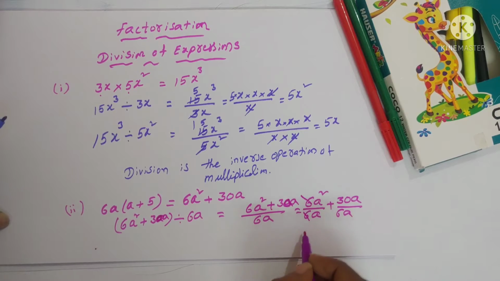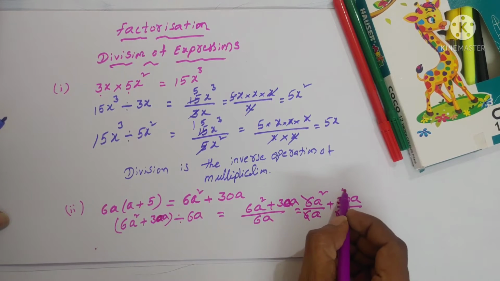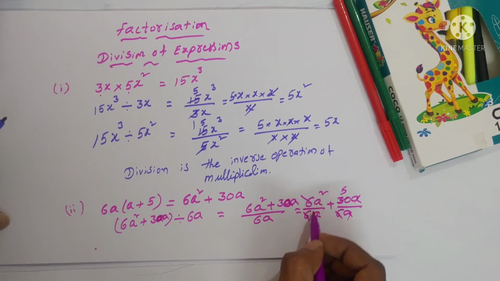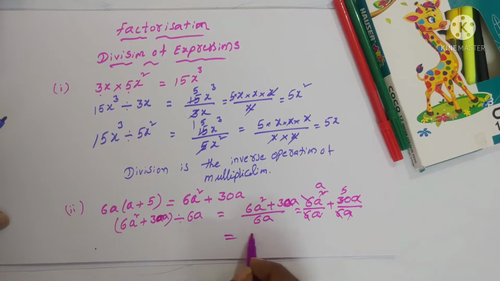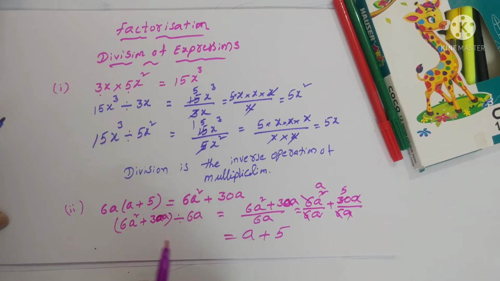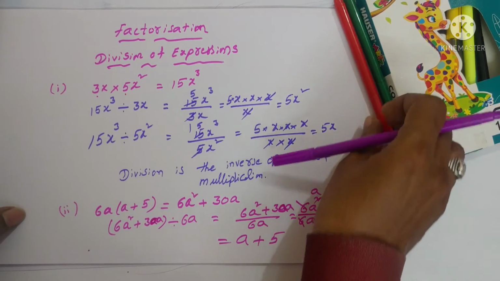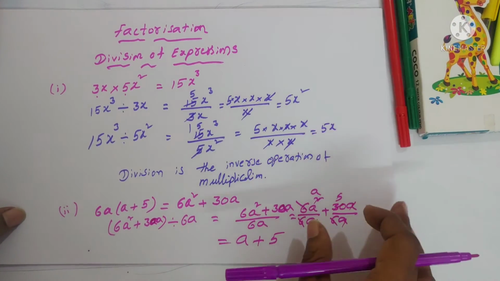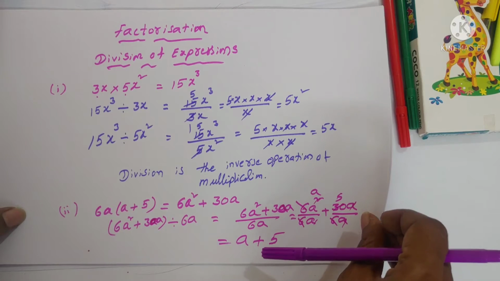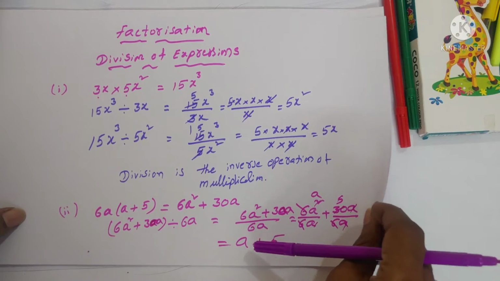Now here 6 gets cancelled, 6 ones are 6, 6 fives are 30, a gets cancelled. Of course it is a square by a, but you know already it is a. So the remaining terms are a plus 5. So this is how we can divide the expressions. That means it's the reverse process of multiplication, or the inverse operation of multiplication.